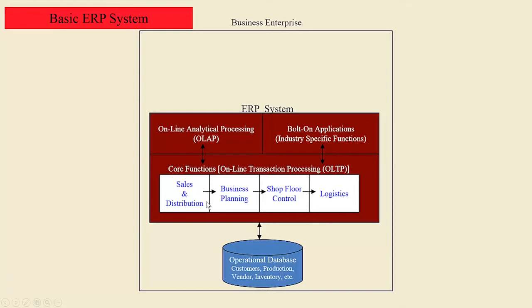And each of these represents a separate module, and a module is just a packet of programming that has the best practices for conducting that business process, like sales and distribution. So each module is kind of a pre-canned application that the company can buy and install.